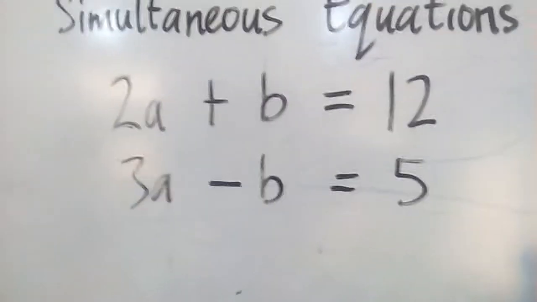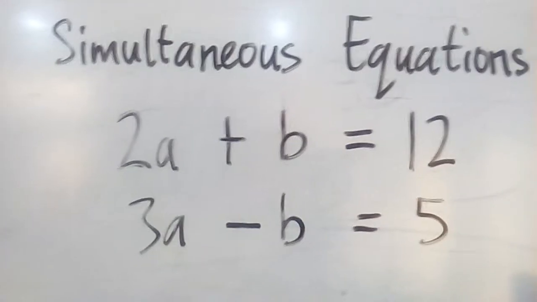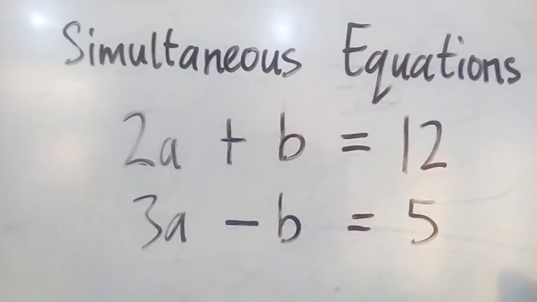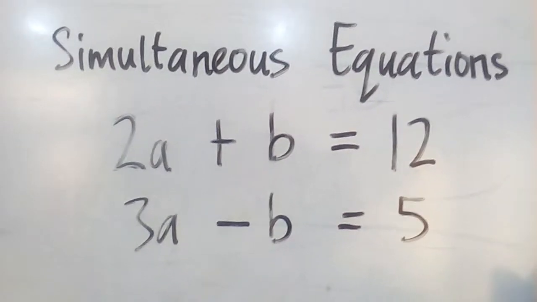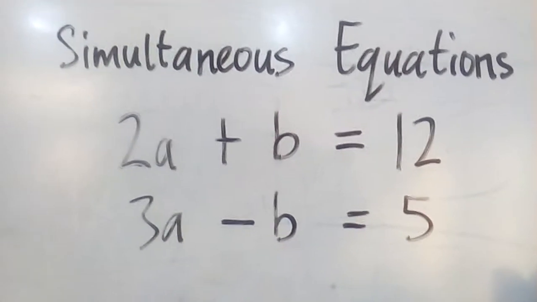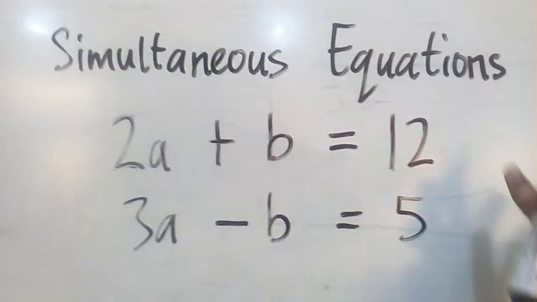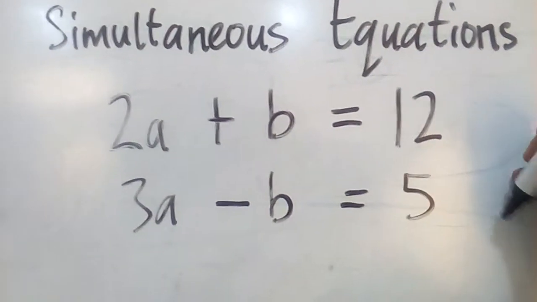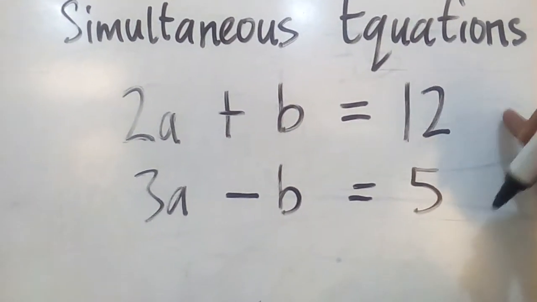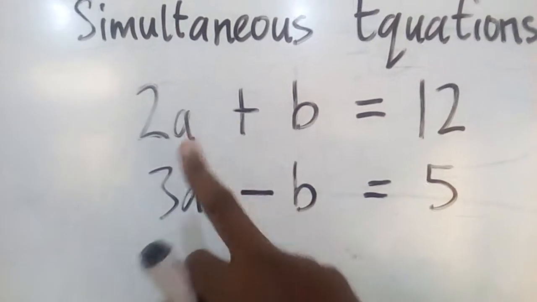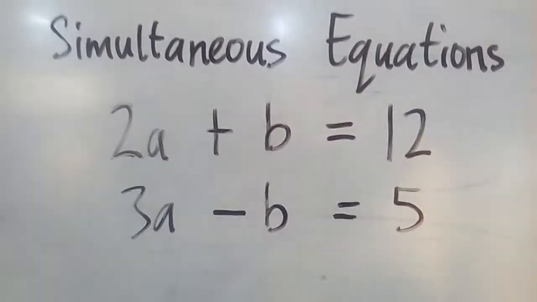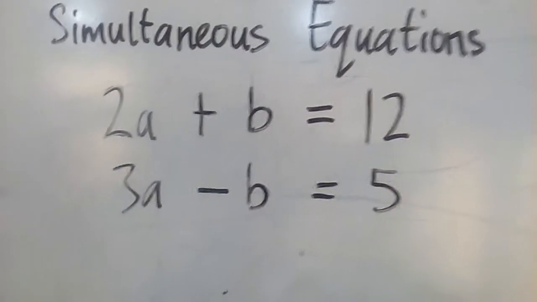All right, now we can see there are two unknowns or two variables in these two equations. So these two equations will be true at the same time if a and b have the same value for both of them.